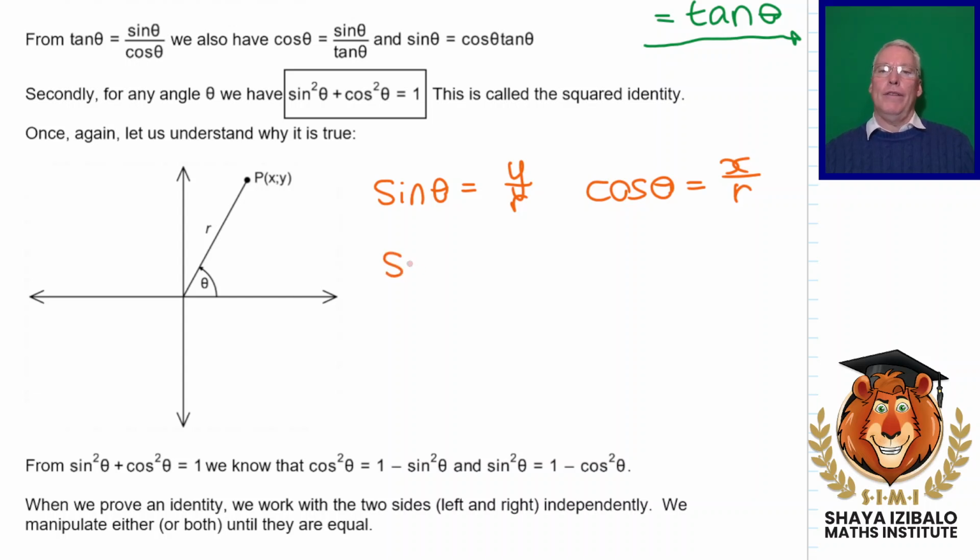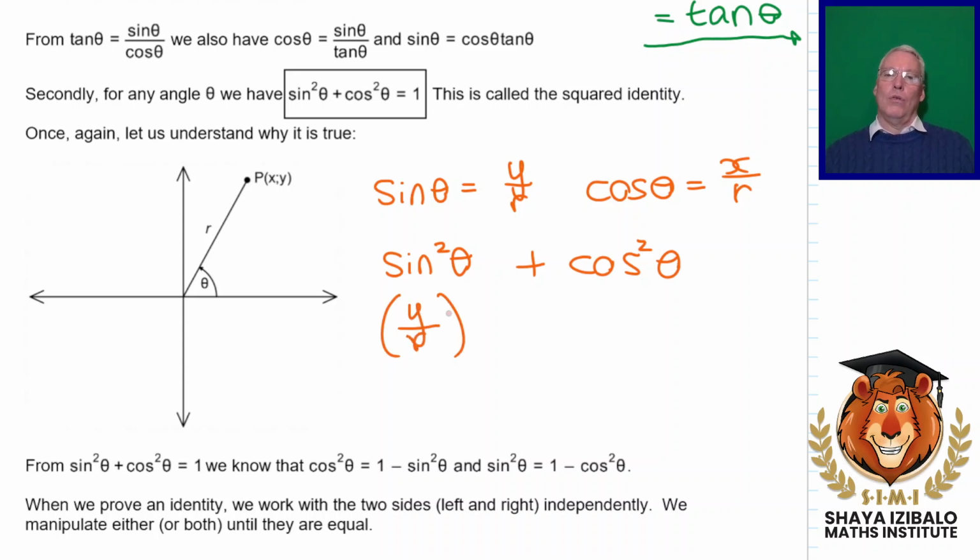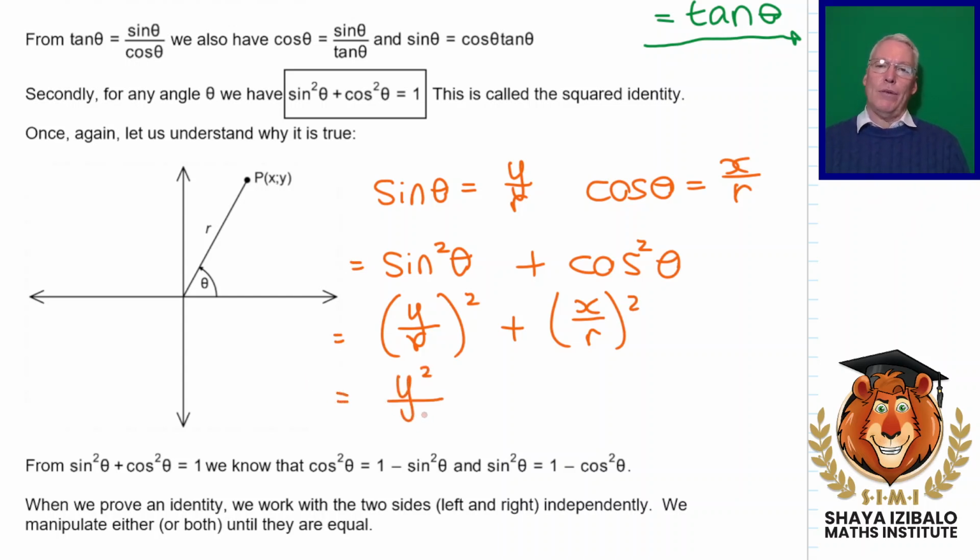So sine squared theta plus cos squared theta is actually going to be y over r all squared plus x over r all squared. Now, when we square a fraction, do we square the top or the bottom or both? Absolutely, we square both. So we've got y squared over r squared, and this one's x squared over r squared.